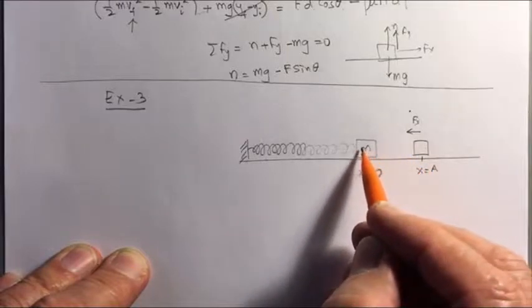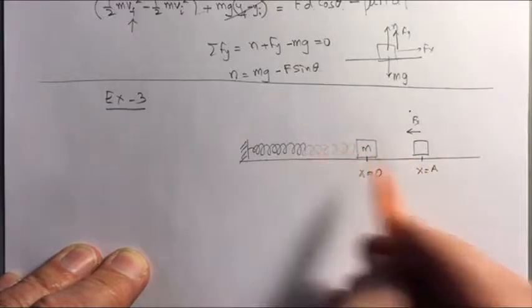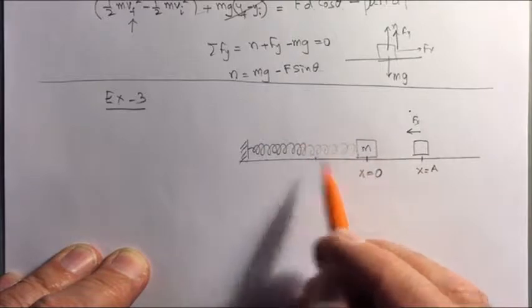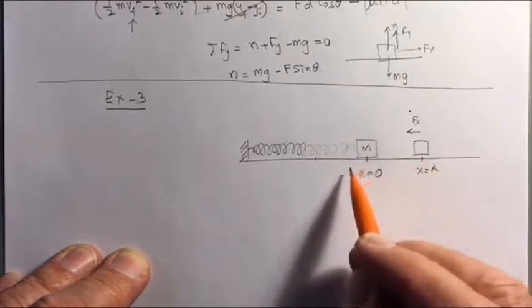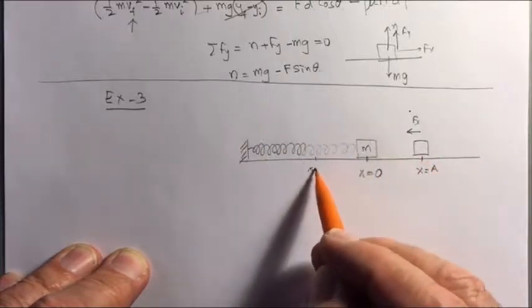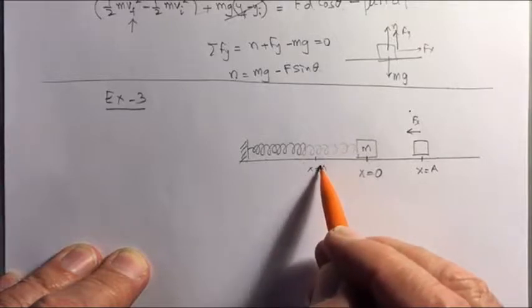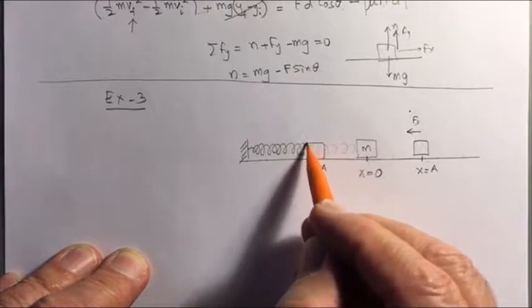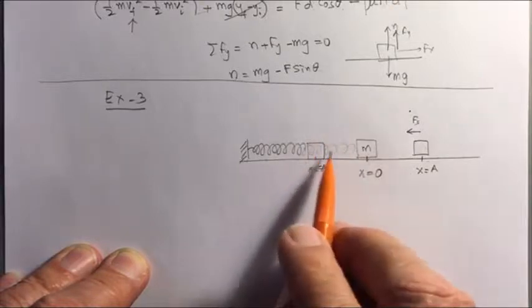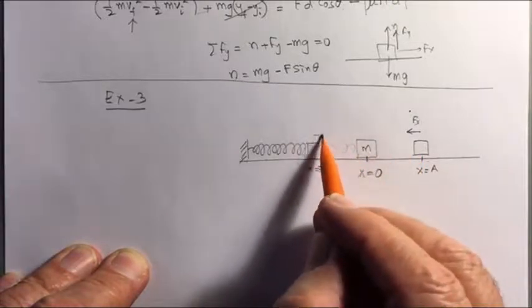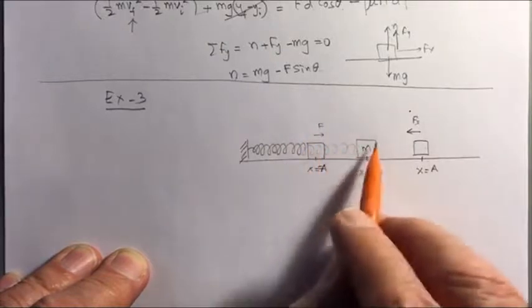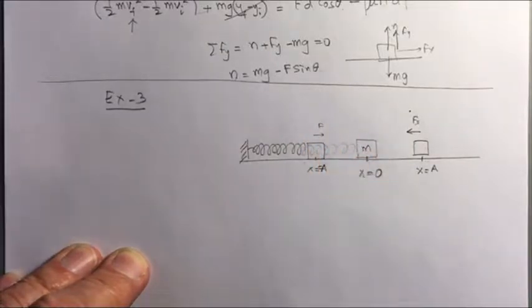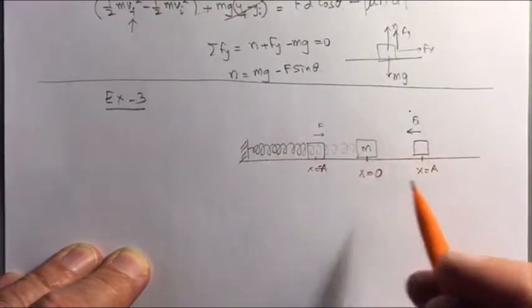So it reaches the equilibrium position, and then it overshoots and keeps going until it reaches a point equidistant on the other side. So that's X equals, well, minus A. It comes up to here, and then it goes backwards. At that point, the force is large enough to have stopped it and pulls it back towards the mean position. So it will keep on oscillating.